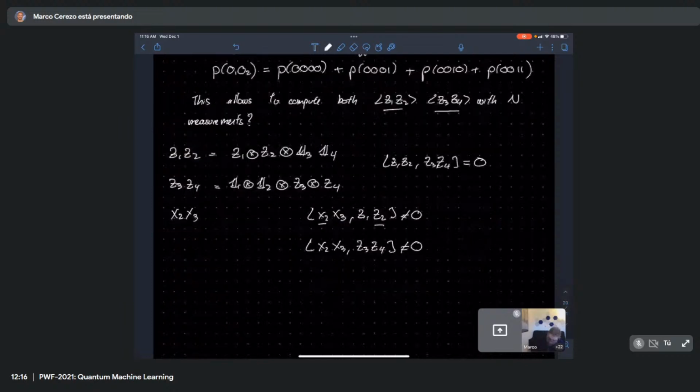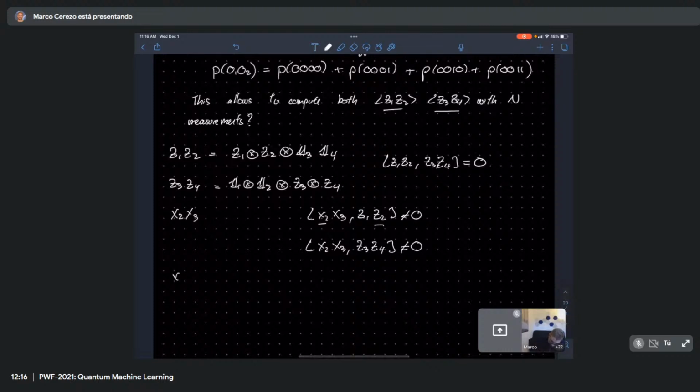But for instance, if we take X3, X4, can we come up with a circuit that is going to allow us to simultaneously estimate Z1, Z2, X3, X4? Well, yes, because these two commute. If it's not obvious to you why these two commute, think about this as an identity in 3 and an identity in 4.